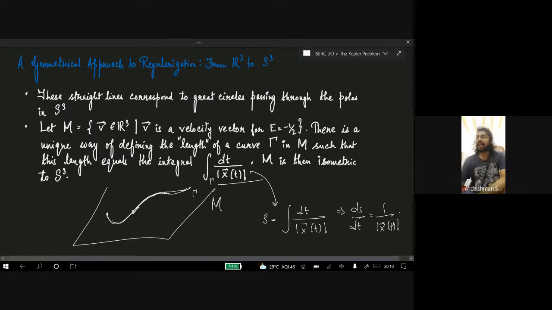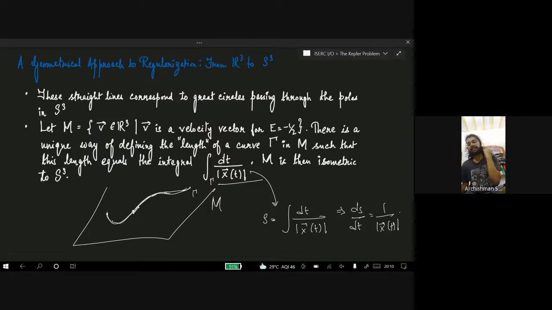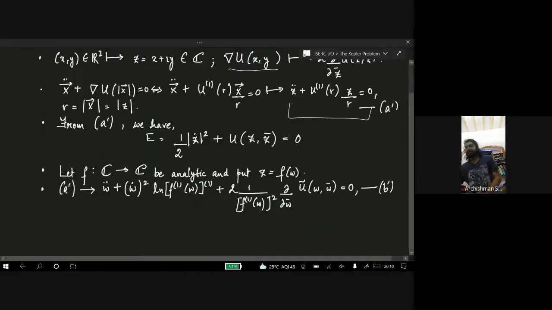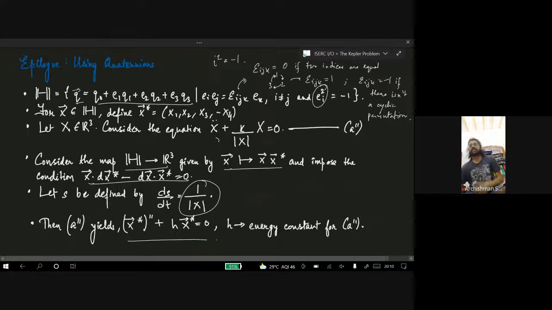So you might think that this geometrical way of regularizing and the analytical way of regularizing, let's say using quaternions, are related at some level. And it turns out that they are.